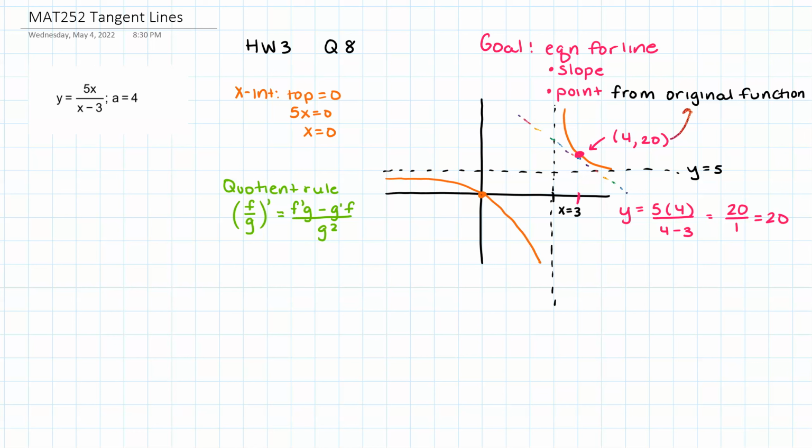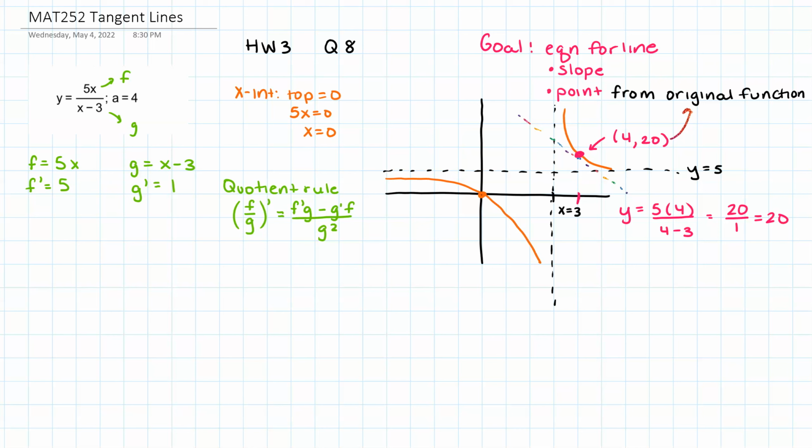So in this example, the 5x is my f, and the x minus 3 is my g. How I would set this up is: f is 5x, so f prime is 5, and g is x minus 3, so g prime is 1, right?